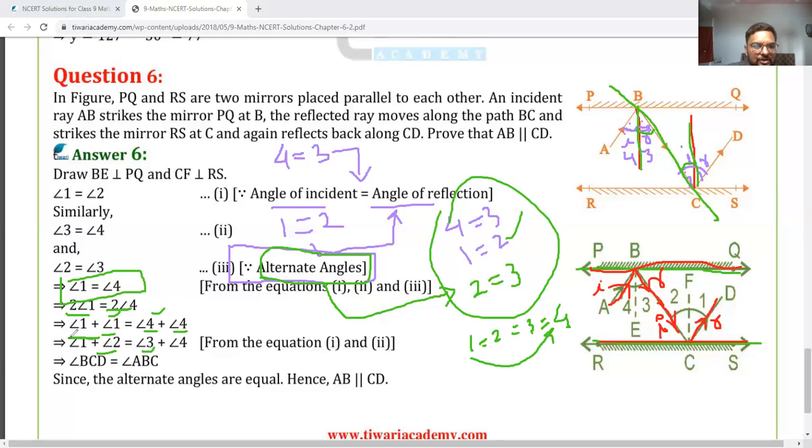If we add 1 plus 2, it gives you angle BCD, and if we add angle 3 and 4, it gives you ABC. So these two angles are equal. That is alternate interior angles. That's the reason we can say line AB is parallel to line CD. In fact, I'll use the word ray AB is parallel to ray CD. I hope you understood. Thank you.